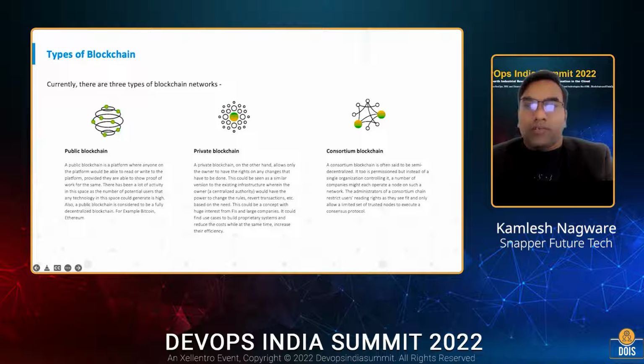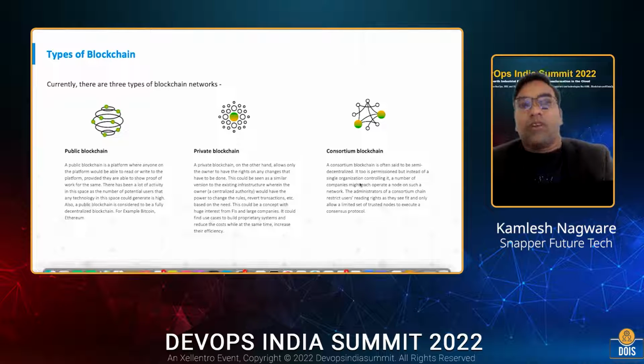And then there is another kind of blockchain where some consortium is created, like an insurance consortium, banking, or automobile, or any kind of businesses come together and create their own consortium to build some solution. So this is a typical type of blockchain.